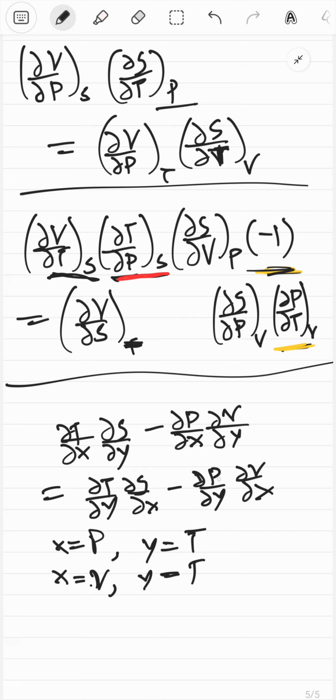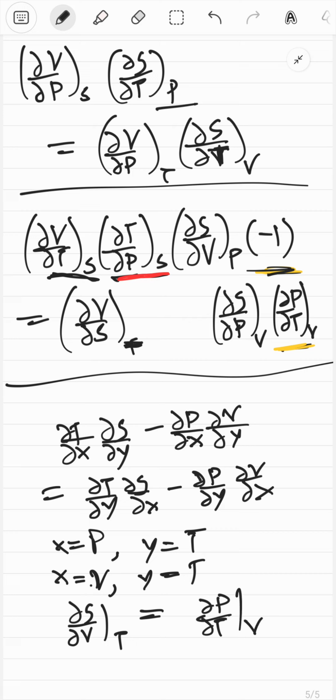Fine. So you're gonna have a positive one now. So partial D by partial Y, this is just 1. So partial S by partial V at constant temperature is equal to partial P by partial X, which is V. Okay, that's Y over there, sorry. Now this is 1. So Y is T. So this thing.